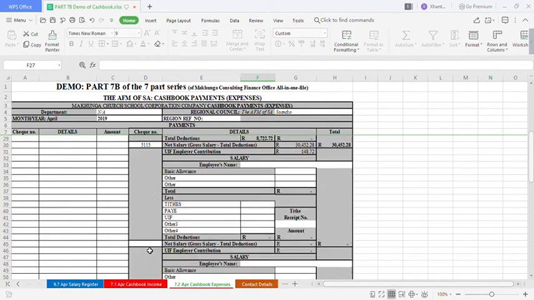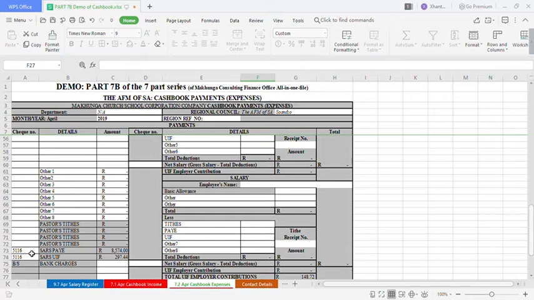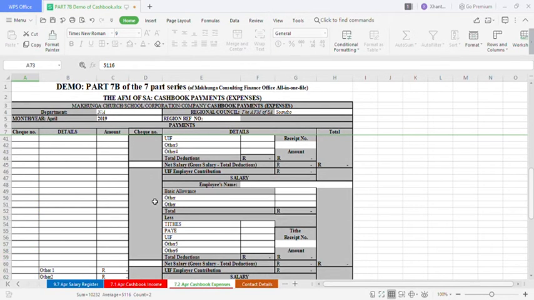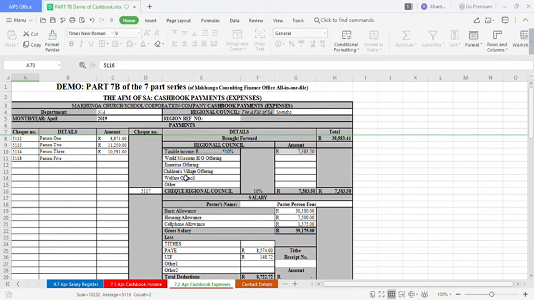Go to 5116. There it is. This part has already been done by the system. This is SARS use. The next one is 5117. There it is. It's got to do with the statutory, so we're told of that amount.